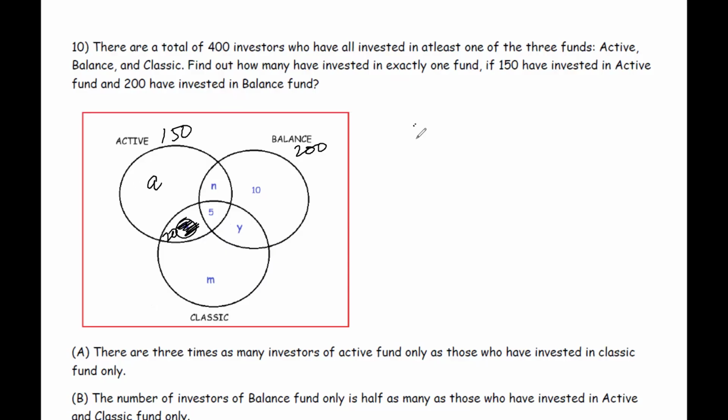And what we need to find out is, if we assume A is active fund only, so A plus 10 plus M. Okay? Right.